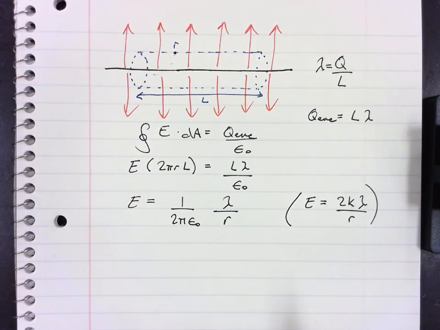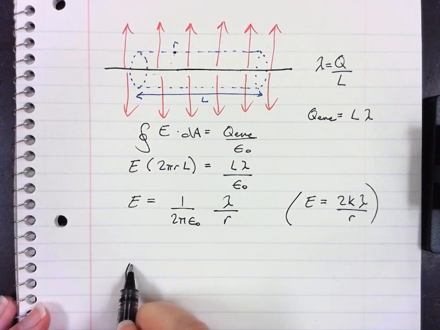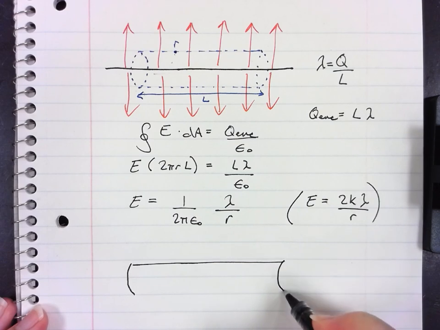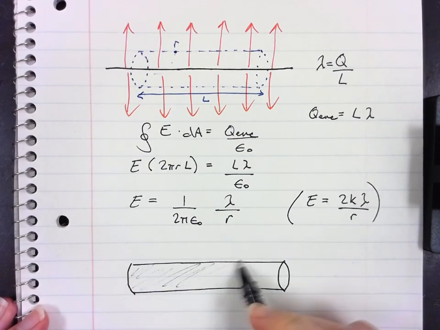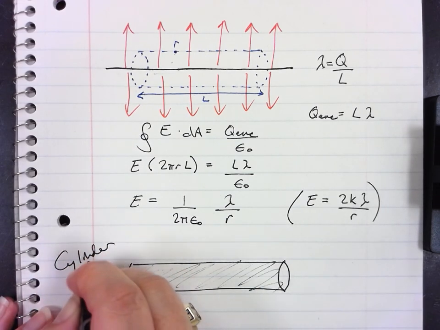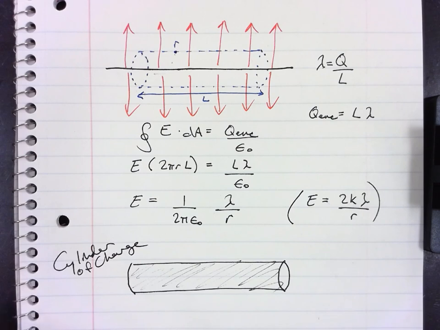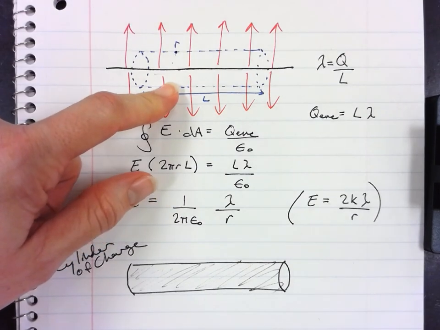But now, what if we have a cylinder of charge? So a cylinder of charge. If you're outside the cylinder, it's exactly like this. We don't need to redo that.